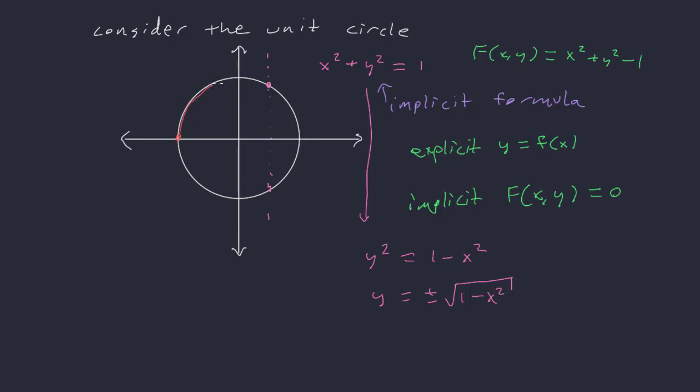The top half of the circle is given to us by the plus square root of 1 minus x squared. And the bottom half is given to us by the minus.